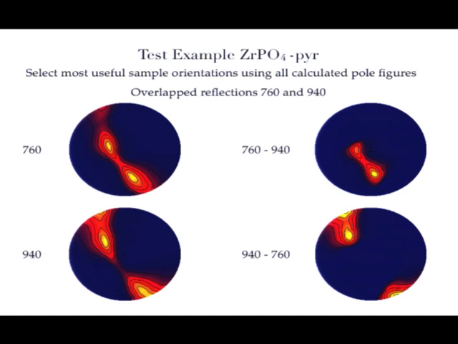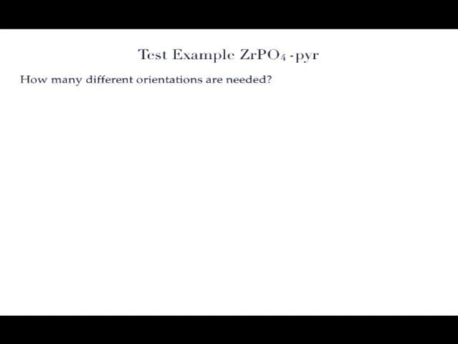So what we do, for each overlapping reflection, we take the differences between all of the overlapping peaks and find out which are the optimum positions to measure and to analyze the texture. And by that we can reduce the number of orientations we have to use to do the deconvolution of the overlapping peaks. So how many of these different orientations do we really need?